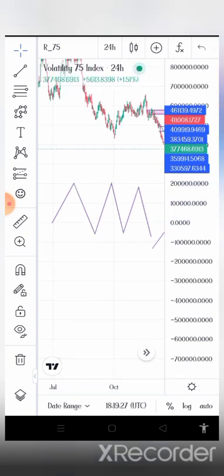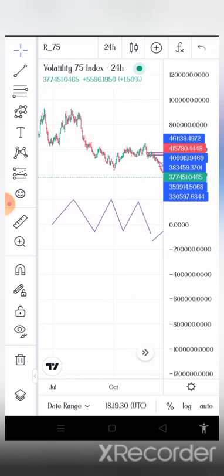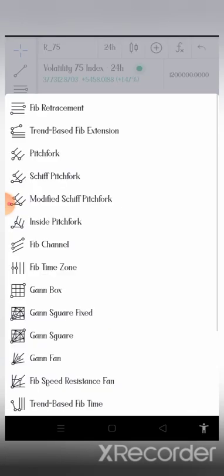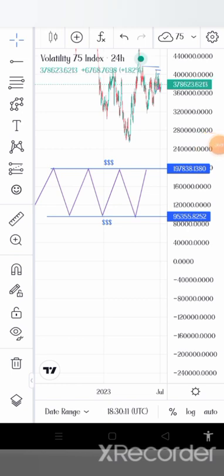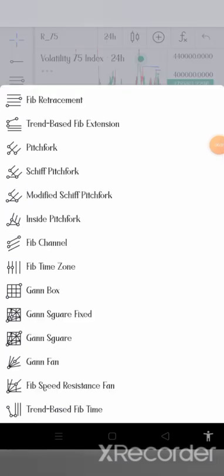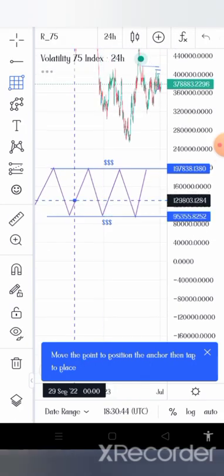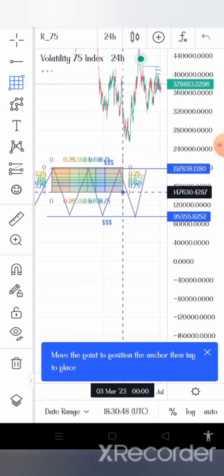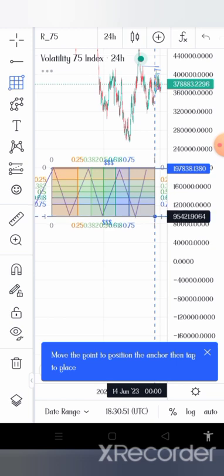Now, consolidation: when something like this happens, you use a tool called the Gann box. Welcome back. So I was talking about equilibrium, and when you see something like this, you use the Gann box. You select your Gann box from this place right here, then you measure from the high of the range or the consolidation to the low of the consolidation.